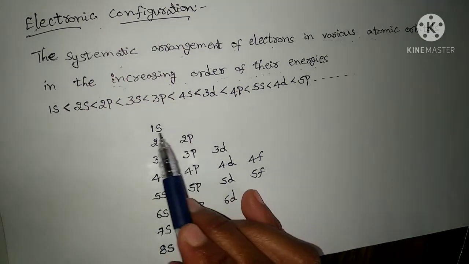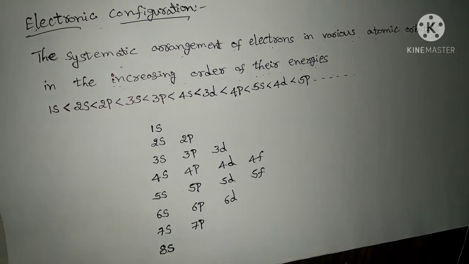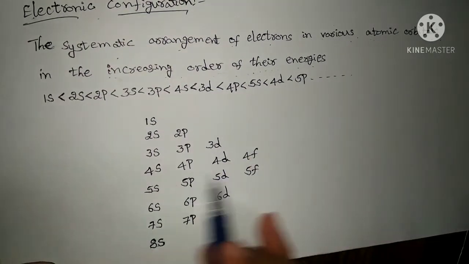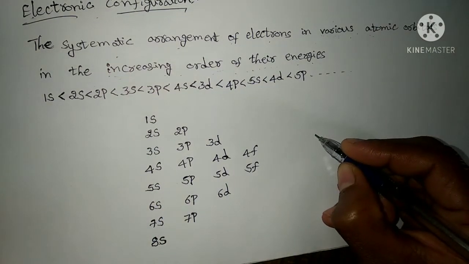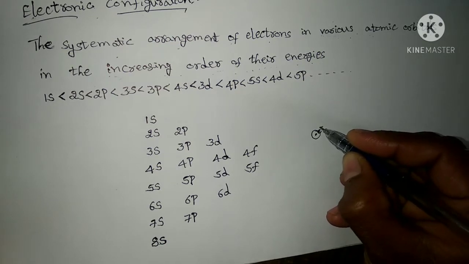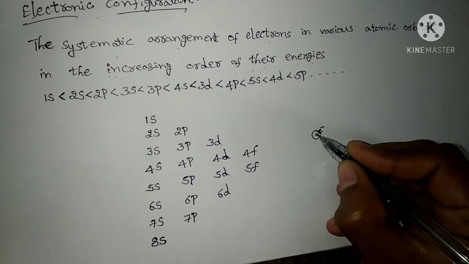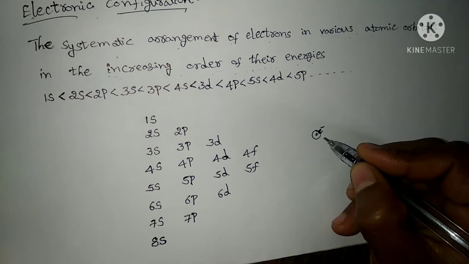This is the first shell, second shell, third, fourth, fifth, sixth, seventh and eighth. This is the shells' order. If you see the 1s orbital, its size is very small. So if an electron has to revolve around the nucleus in the first shell, it will take very little energy.